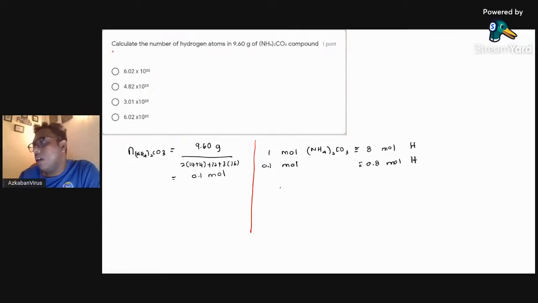We know that in 1 mole of hydrogen, we have 6.02 times 10 to the power of 23 hydrogen atoms.